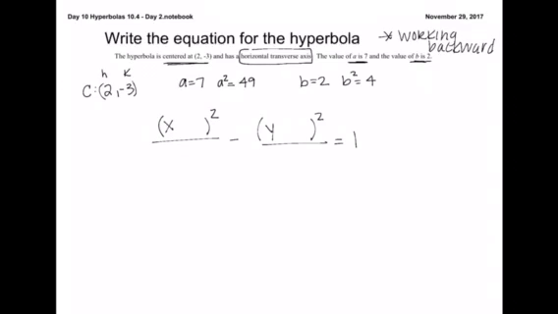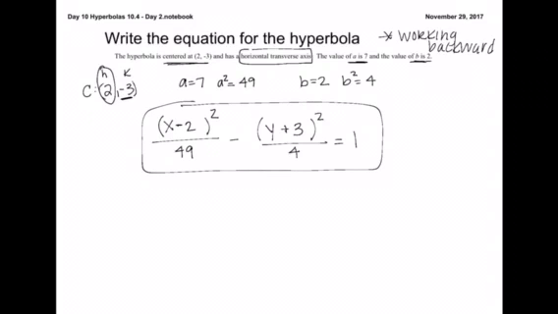I know a squared always comes first for a hyperbola, so I can go ahead and put my 49 in the denominator under my first ratio, my 4 underneath my second ratio. Inside is always opposite. H is always associated with x, so I can go ahead and put a negative 2. Inside is opposite, so I'm going to put a positive 3, and you just wrote the equation for your hyperbola working backwards.